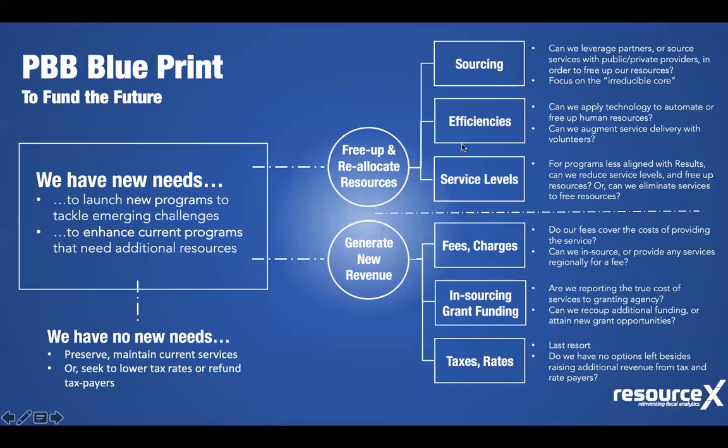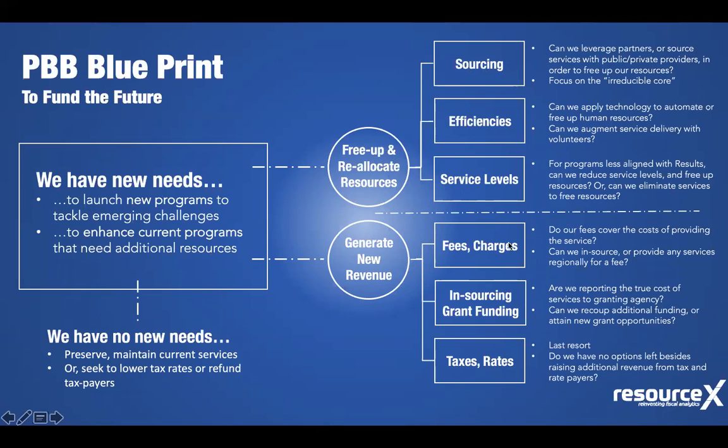This is probably not even a comprehensive list, but we try to focus on at least these 3 strategies of sourcing programs differently, or providing them more efficiently, or looking for rational ways to change the service level in order to free up resources. So we're trying to document what are all of the options we have to free up our current budget to fund new needs.